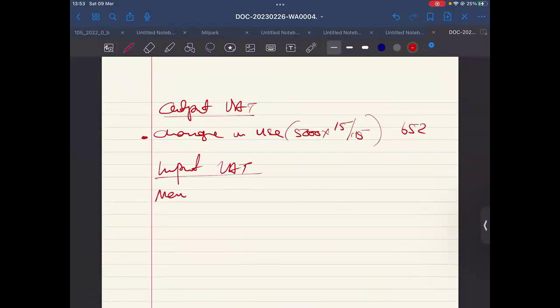So we just come and say new system, input VAT, new system, 6,000 times 15 over 115.